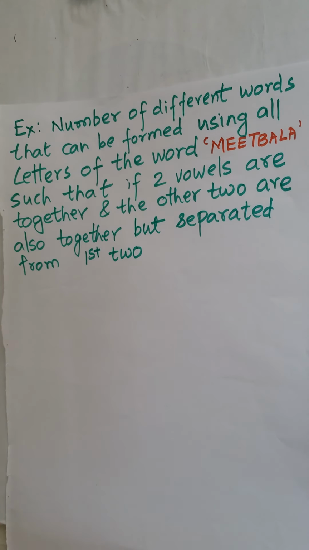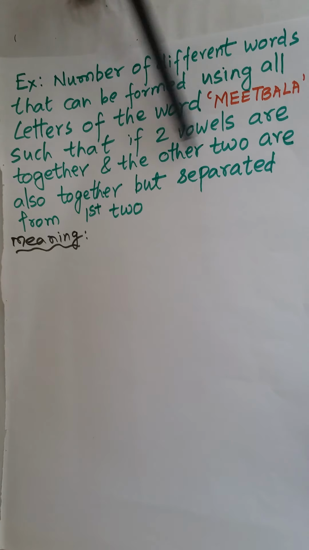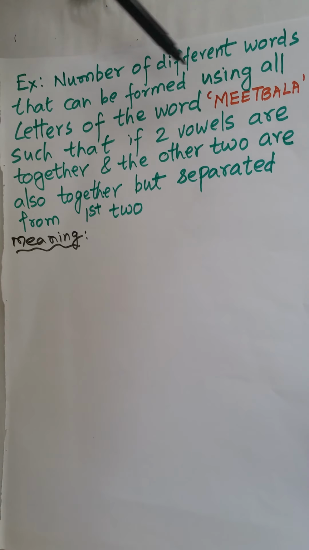So what's the meaning of this? Let's see the meaning of this. The question is saying that if 2 vowels are together and the other 2 are also together, how many vowels are there? E, E and A, A.